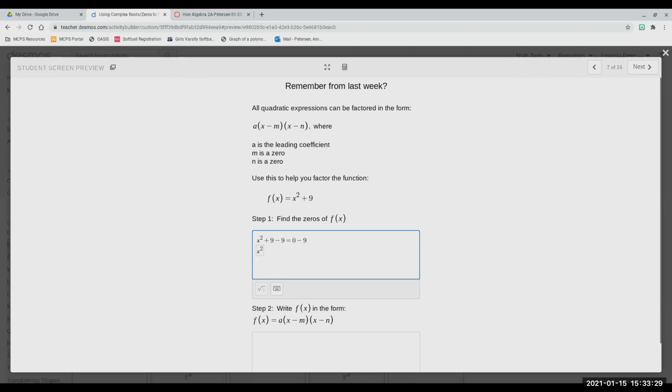So x squared was negative 9. And now I can square root both sides. And the other key thing to remember is when you square root both sides, you have to do plus or minus. Do not forget the plus or minus because this is a quadratic with x squared, meaning 2 x's and 2 solutions.